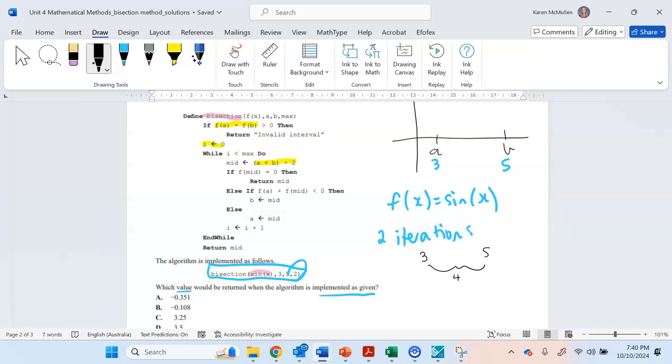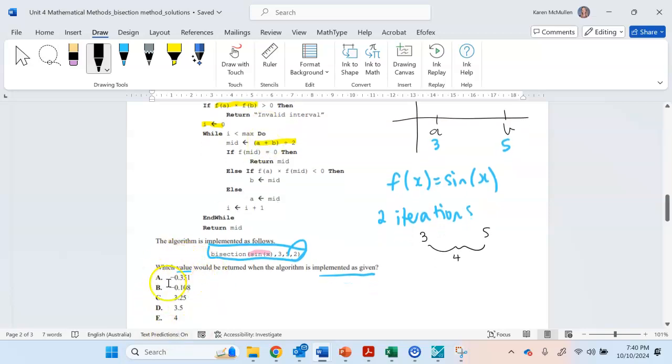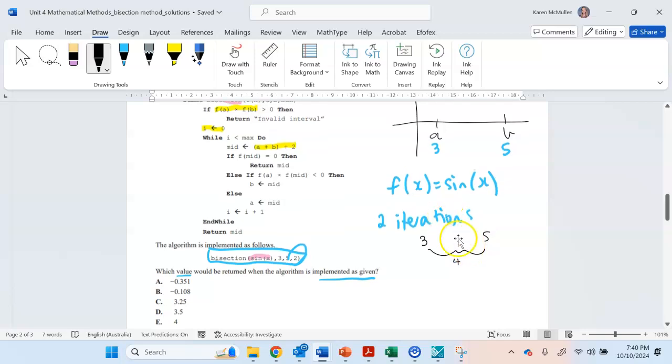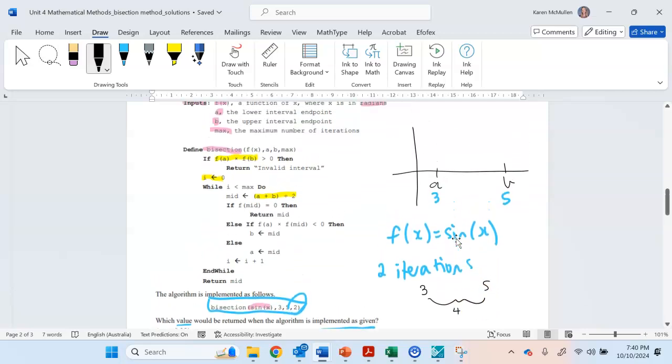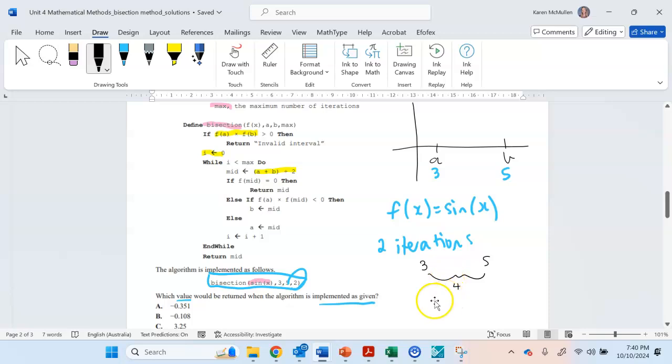Now, if f of mid is equal to 0, then we return mid, and if not, we keep going. If I was to do sine of 4 and got 0, not that you would, because it's not 0, but if it was, that would be our midpoint. We can check it on our calculator.